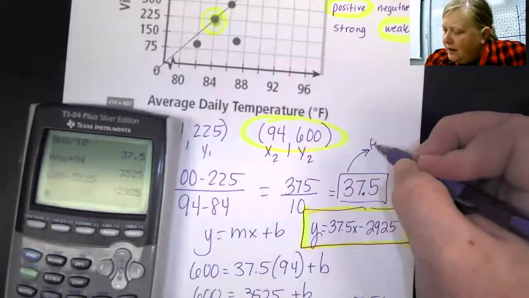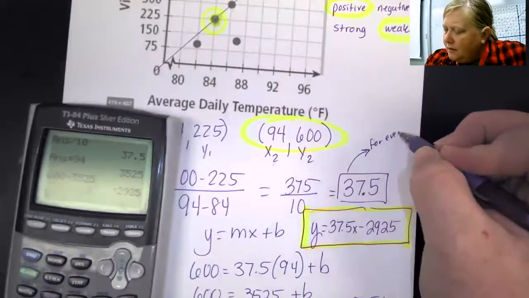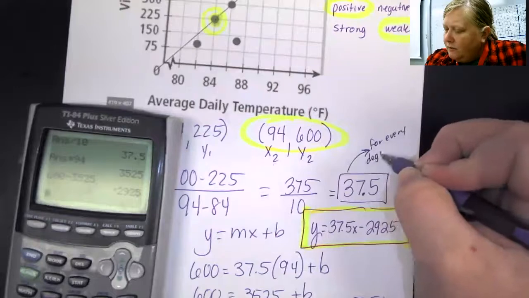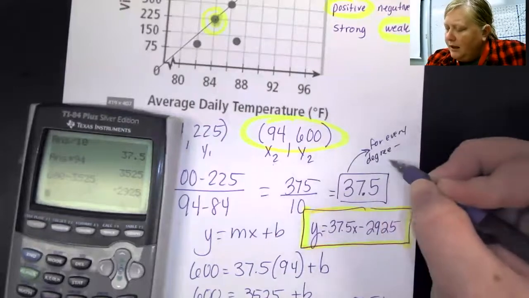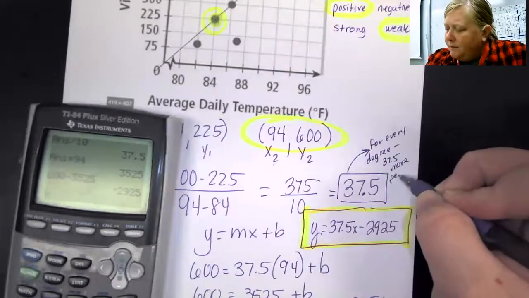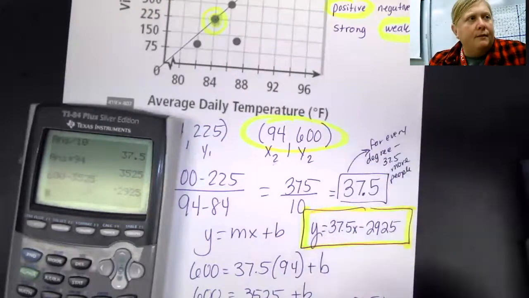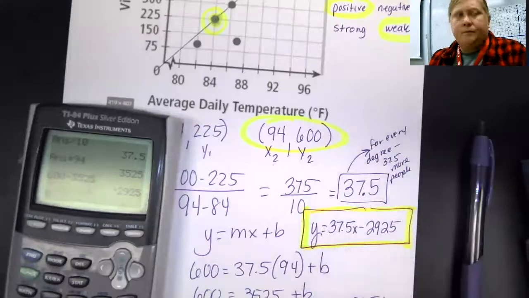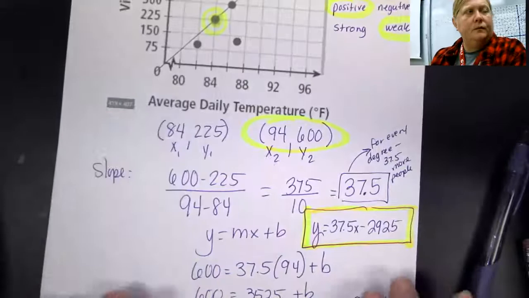Well, for every degree, you really get 37.5 more people coming. Okay? Questions on that? Nothing new.